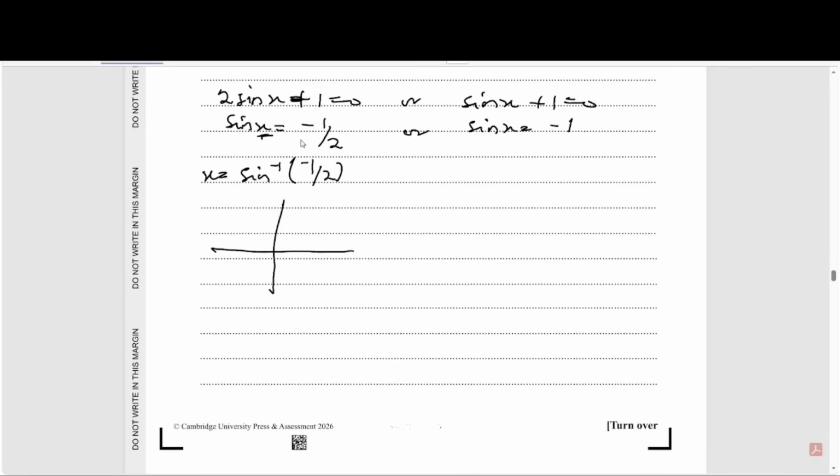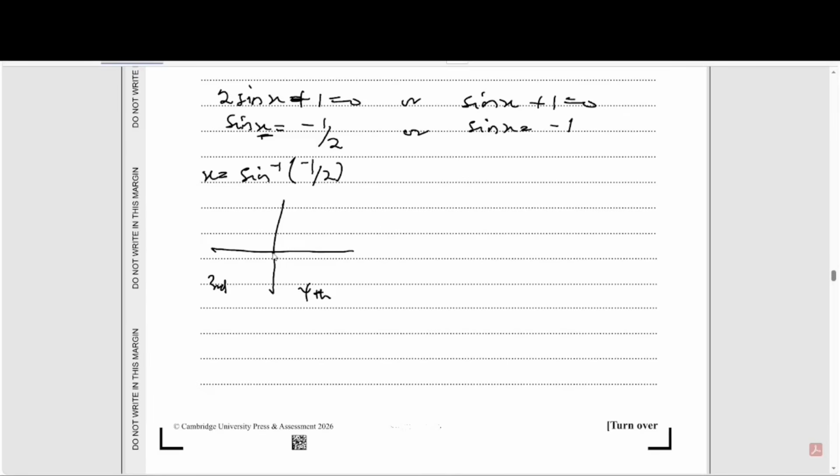Sine of a certain angle is negative. That means that we are going to find a solution from the quadrant in which sine is negative. And that is the third quadrant here, and then the fourth quadrant. So on a calculator, you punch sine inverse of positive half instead of negative half. Yes, I've written negative half, but then you punch positive half, and then the result is going to be pi over 6. That's 30 degrees.